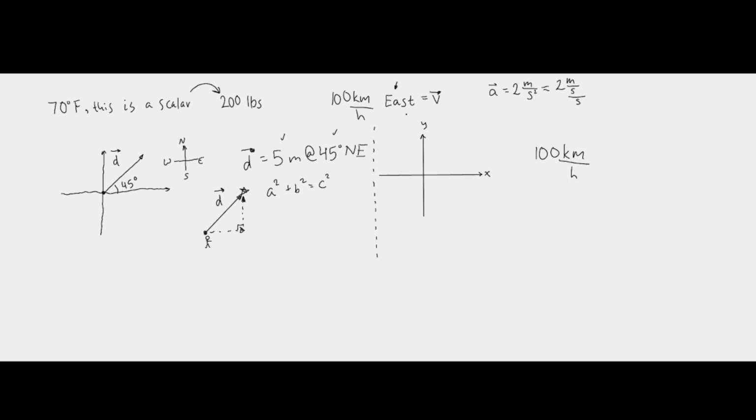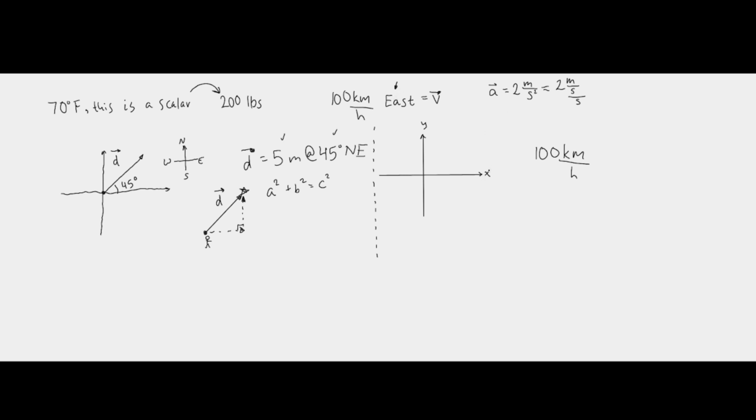So to convert 100 kilometers per hour from a speed into a velocity, it then has to have some sort of direction. So velocity has direction, speed does not. So at this point, I don't have a direction. I used this word east. That's a little clunky. It's kind of difficult to do math with the word east.